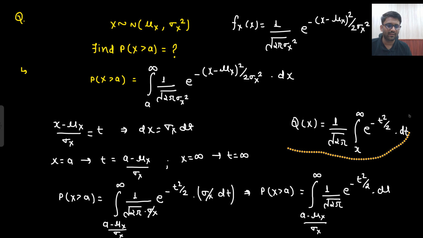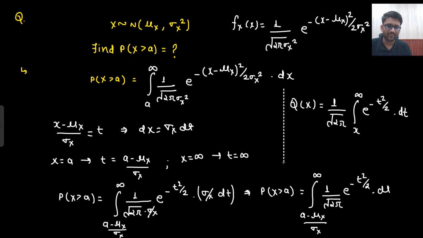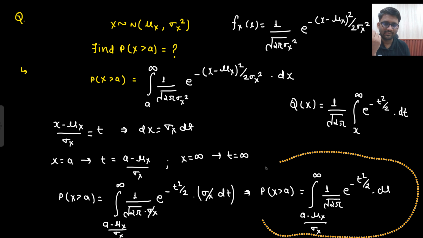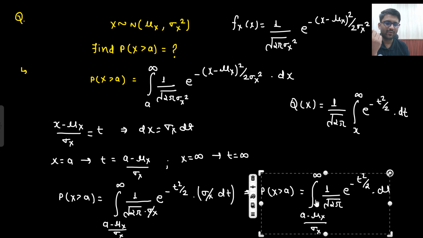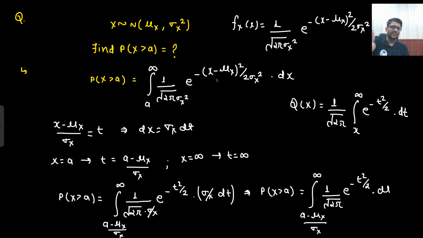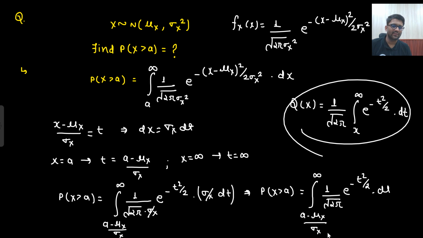How will you relate? Let's just take it upward. Let's just copy this thing. I hope you are able to understand the derivation. Very simple, very straightforward, nothing else. We started with this one, and we needed to compare this thing with Q of x. So that's why I am doing all this.